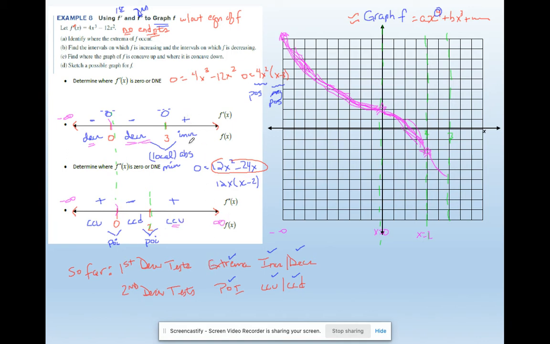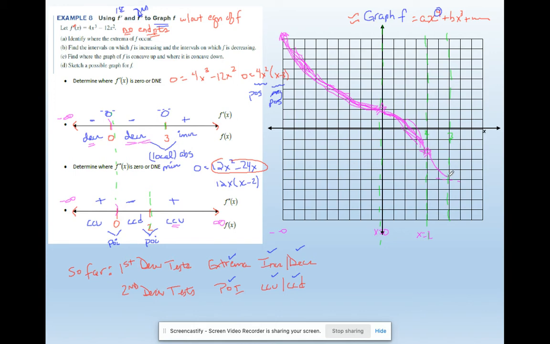But what happens up here after 3? After 3, I have a local, which we now know because of 4th degree behavior, it is an absolute minimum. I turn around and increase, but I must stay concave up. So I have a horizontal tangent.